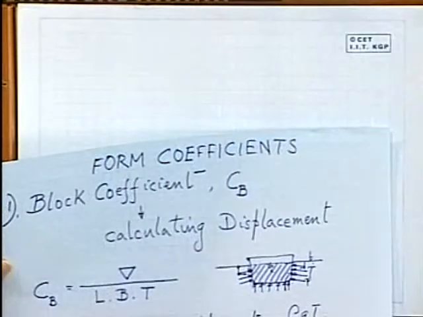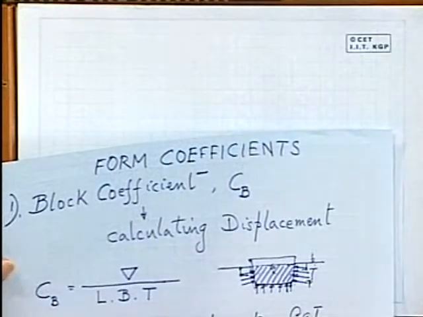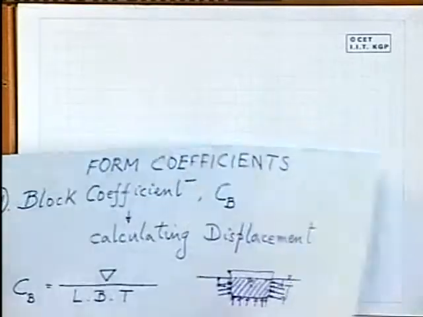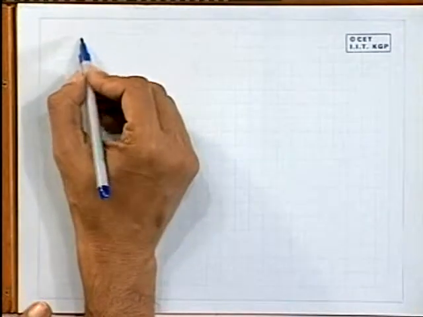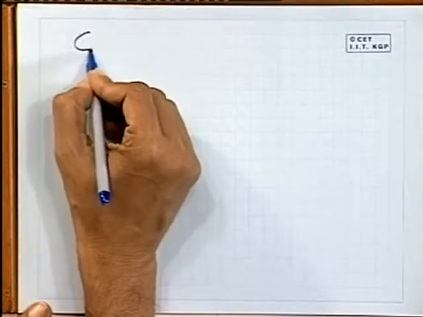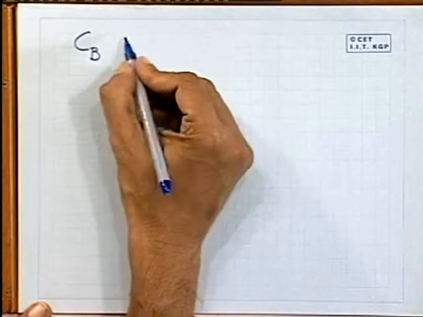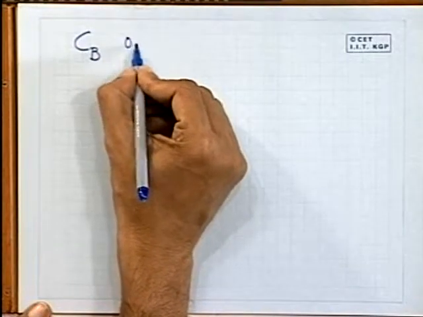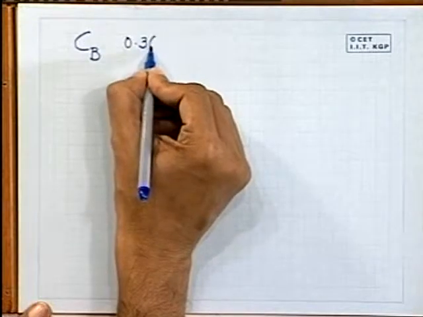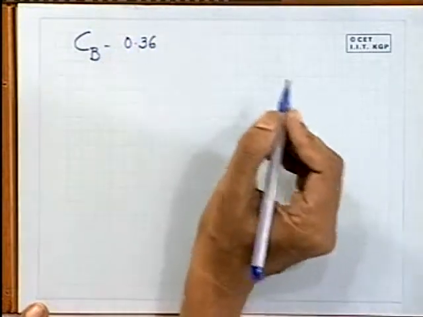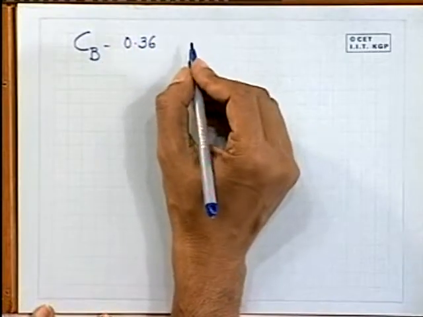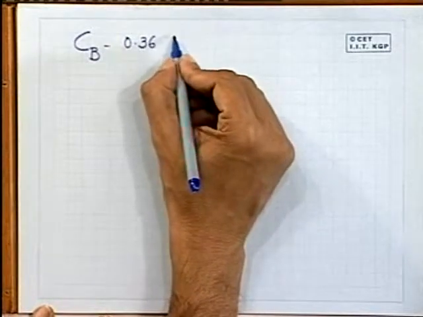So this is your block coefficient, and block coefficient actually will tell you the kind of ship that one has designed. Now CB normally varies between as low as 0.36. This is high speed ships.